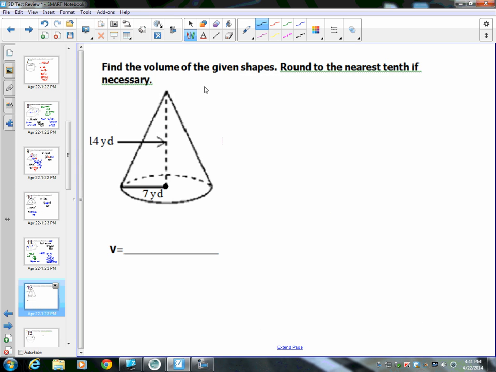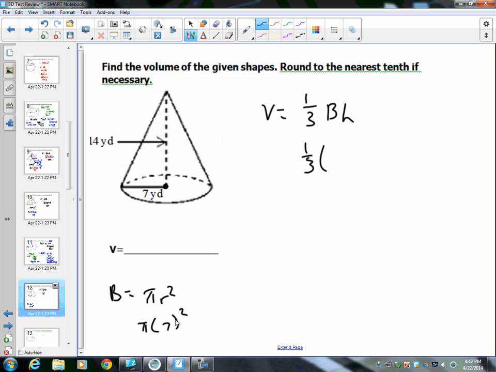The next problem, again, is a cone. In this case, we're finding the volume of the cone. The volume of a cone is similar to a pyramid, 1/3 big B times h. Big B stands for area of the base. The base is a circle, so the area of a circle is pi r squared. Radius is 7. 7 squared is 49, so we get 49 pi as our area of the base, or big B. H is the height, which tells us it's 14.